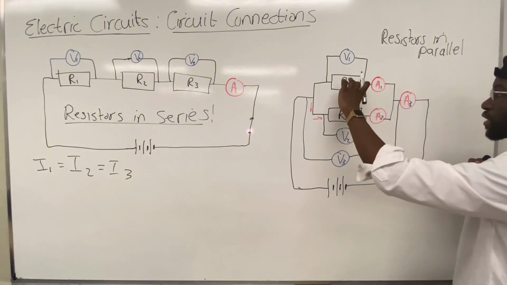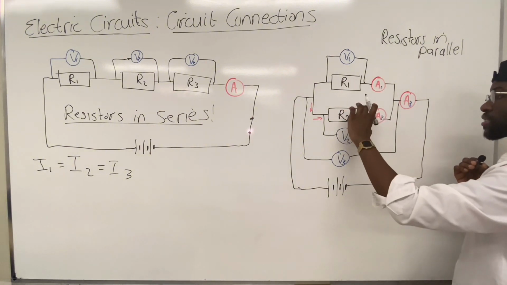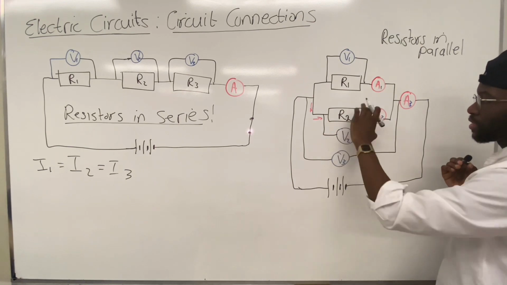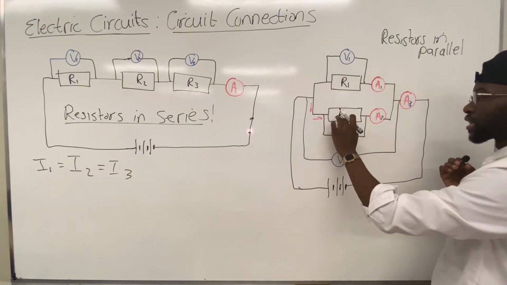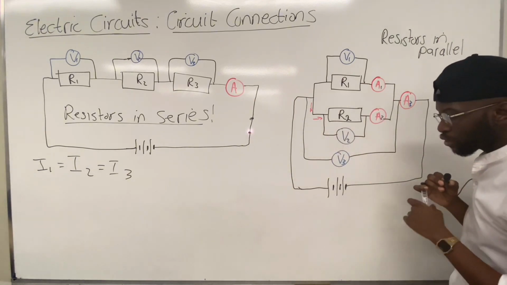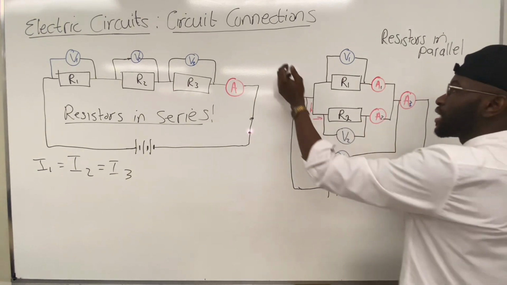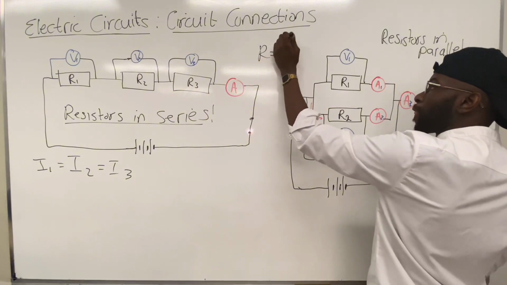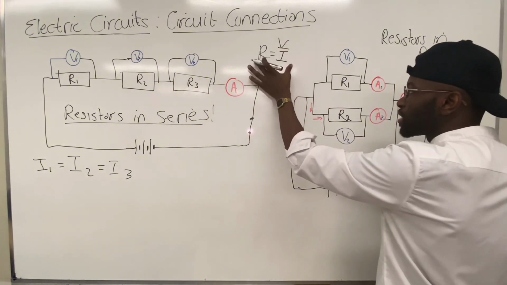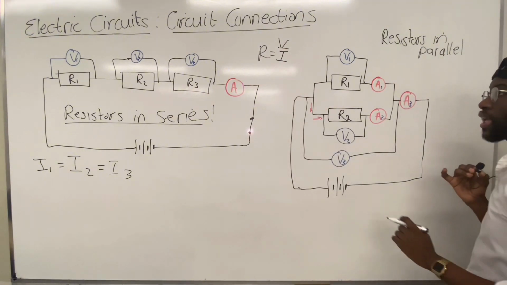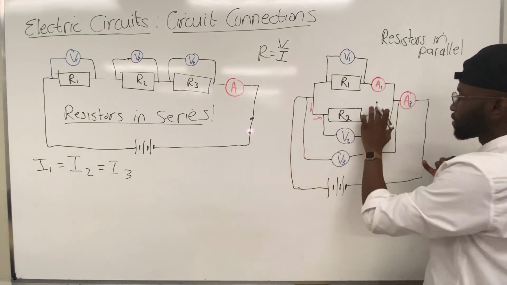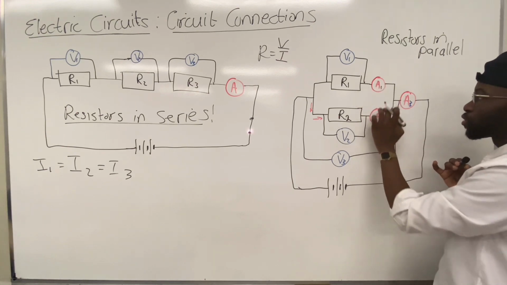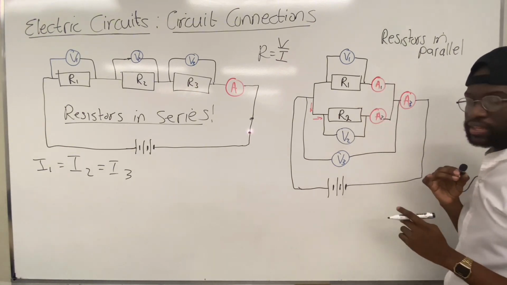Now, because of this split, depending on the voltage that is in here and the resistance in here, remember with Ohm's law, we said that these three have a relationship that looks like this. Depending on what the voltage and resistance is, the current on these two paths will be different.